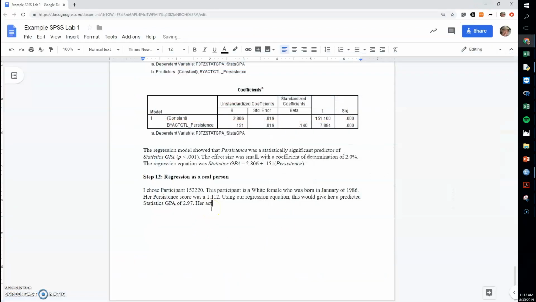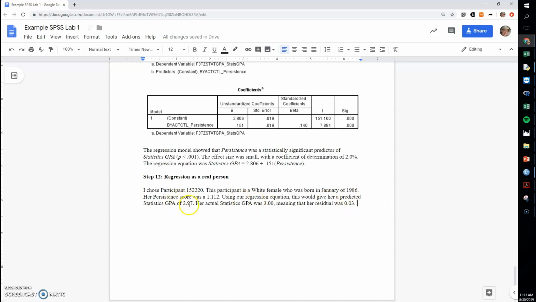So we'll put her actual was 3.00, meaning that her residual was, and here we're going to take the observed y value and subtract the predicted. Her observed y value was 3.00. We're going to subtract out what the predicted was, and we get 0.03. That's how far we were off.